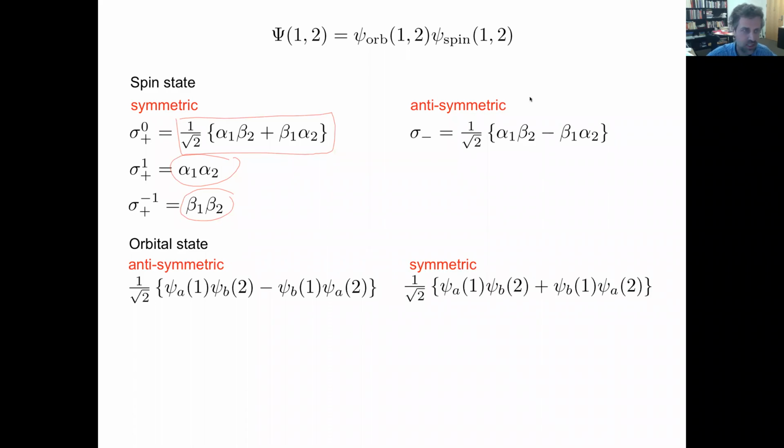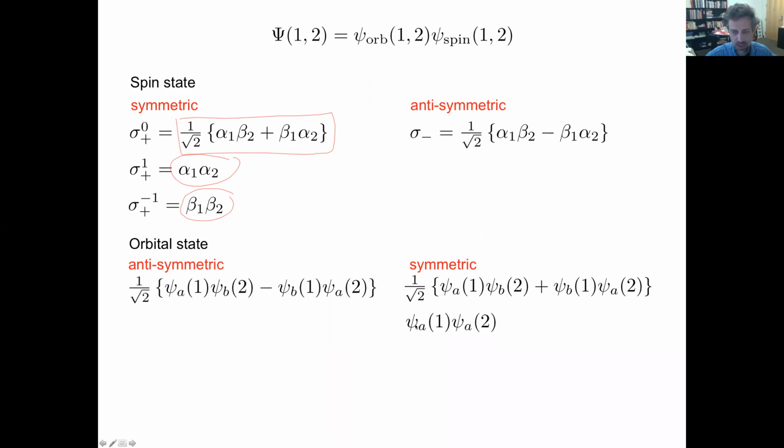Now, in analogy with the spin states that are symmetric, I have 3 possible ways in which I can construct a symmetric orbital state. And it looks exactly the same as a spin state, with just the spin states replaced by orbital states. Okay, so psi A, psi B, particle sits either in state A or state B, and then the plus combination of the reverse.